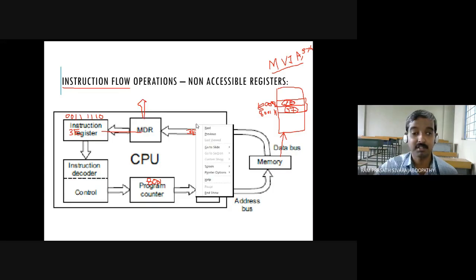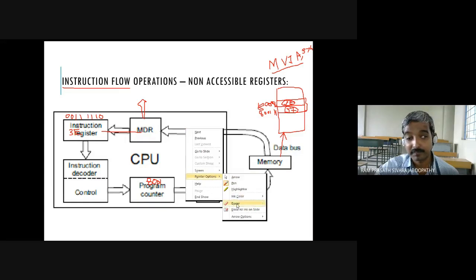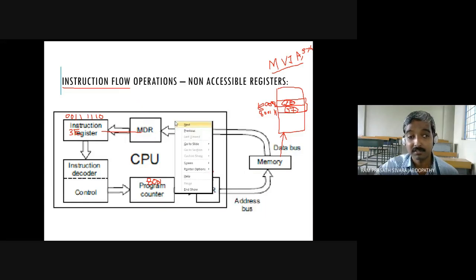Say, for example, we have mentioned it is internal. So from here it will go to the A register. Let us take the A register as the accumulator register, you assume.